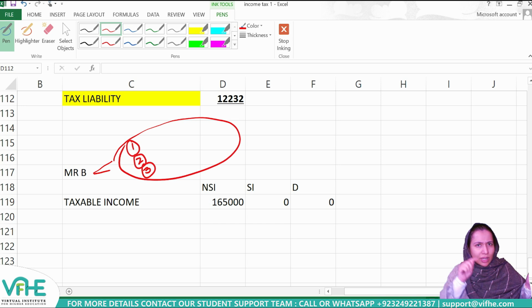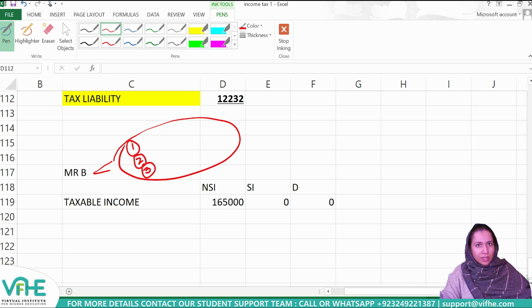So I'm straight away coming towards taxable income because now I believe you have a good grip on how the first three steps are applied. I will straight away tell you what figure comes out after the application of the three steps, and I would now keep on focusing on applying the rates so that you develop a good grip on the application of tax rates.